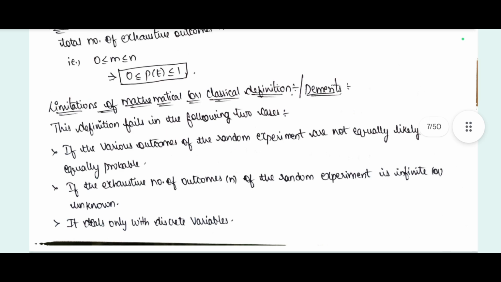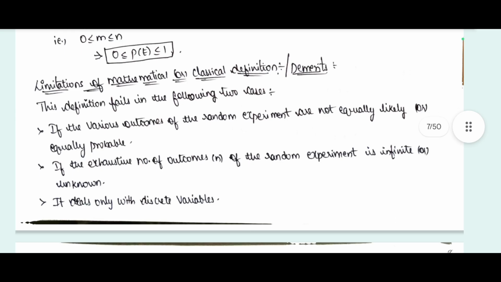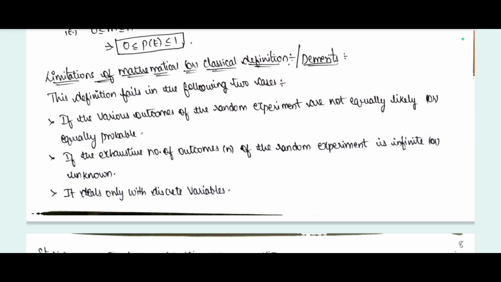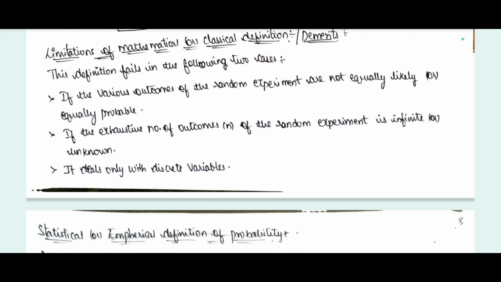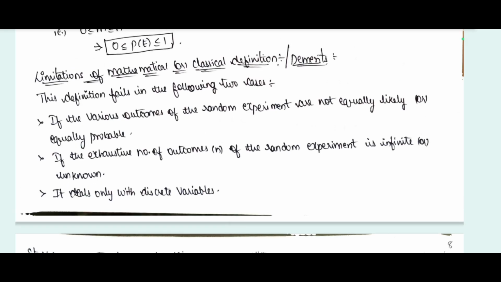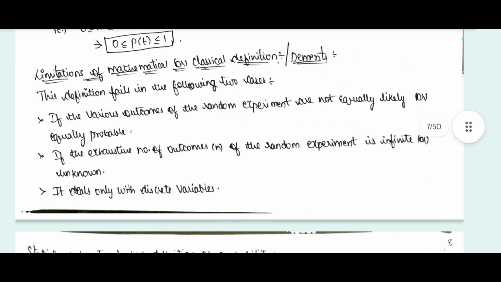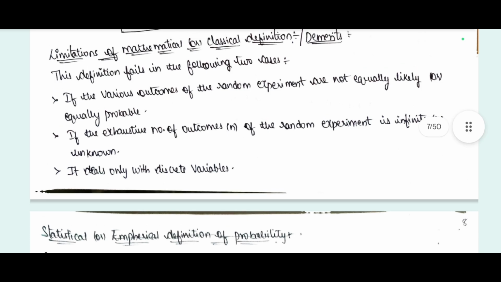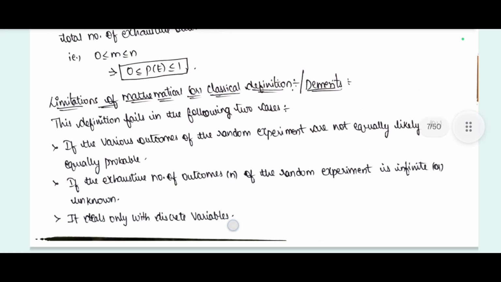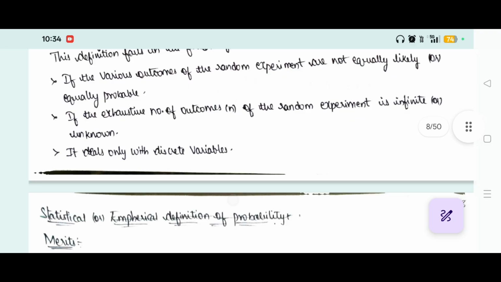If the various outcomes of the random experiment are not equally likely or equally probable; if the exhaustive number of outcomes n is sometimes infinite or unknown; and if it deals only with discrete variables. So these are all the demerits of this.